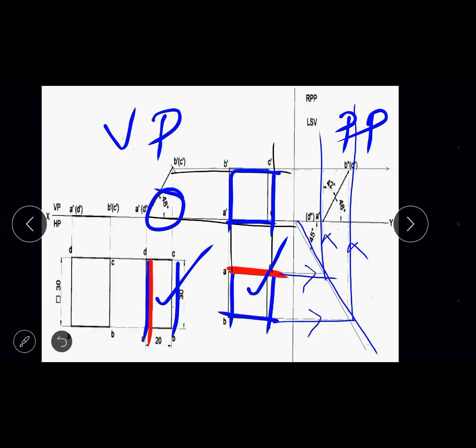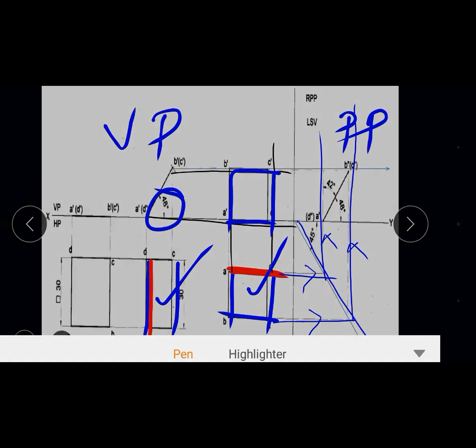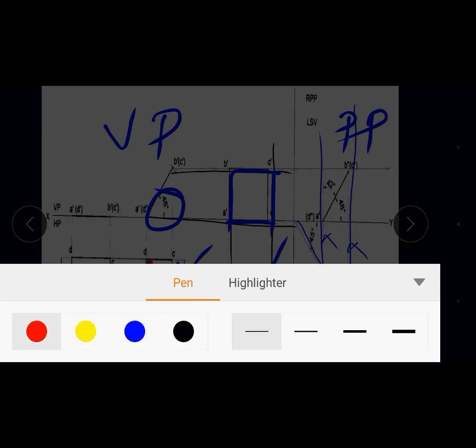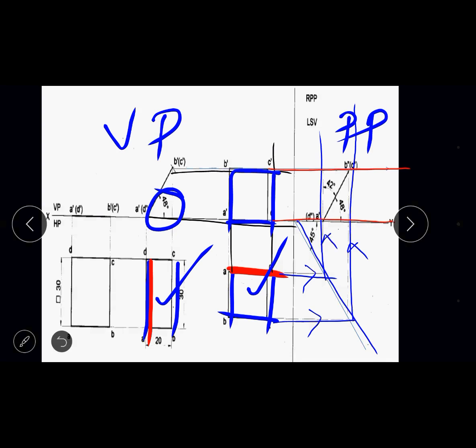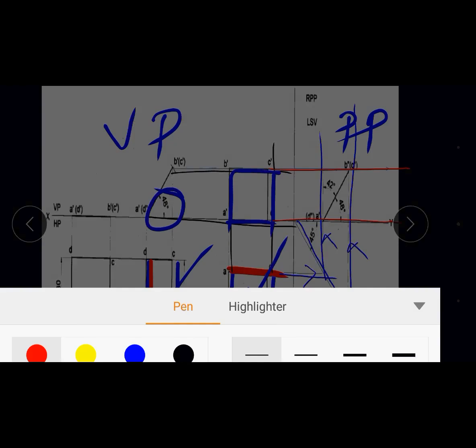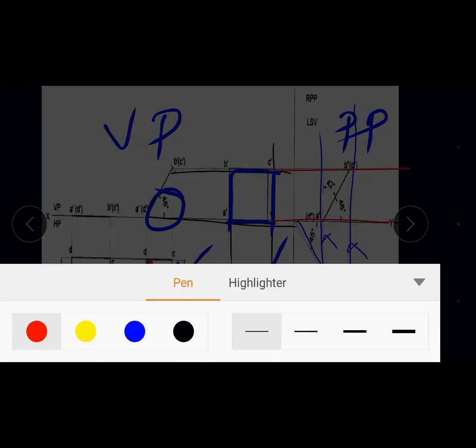Then after that, again draw the projection lines from the third front view. You can see in red color I have drawn the projection lines from the third front view. Then you can see that the two projection lines get intersected at this point. Let me use yellow color.